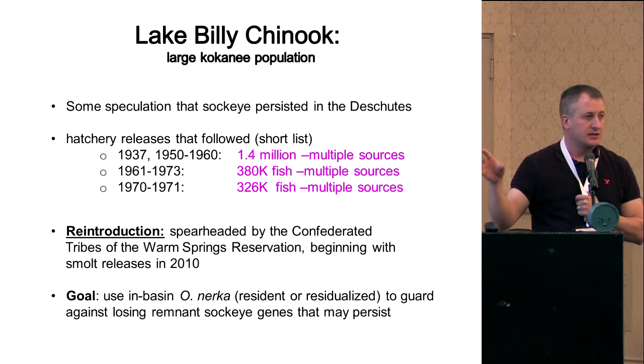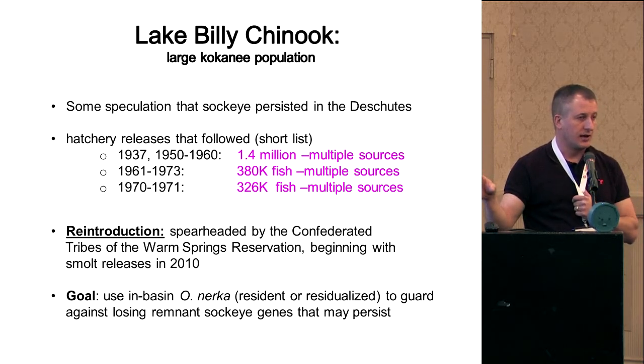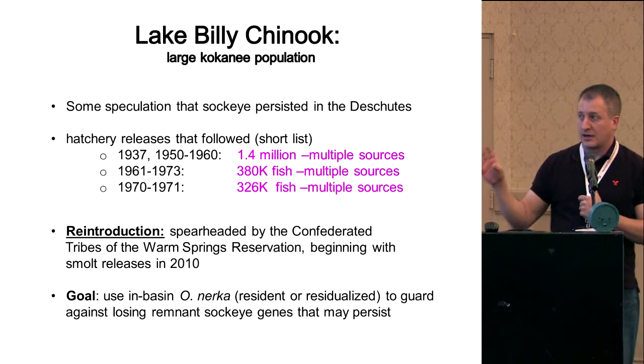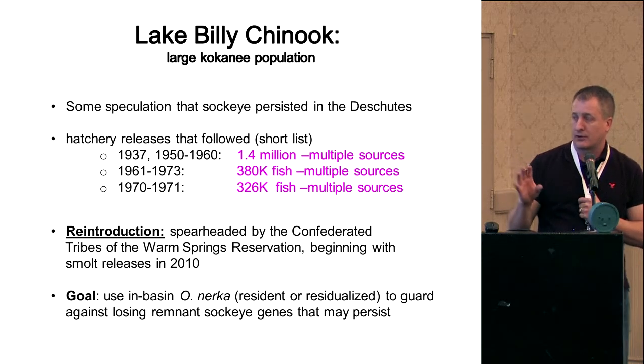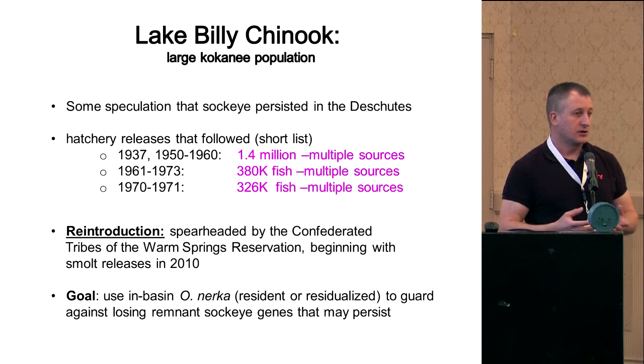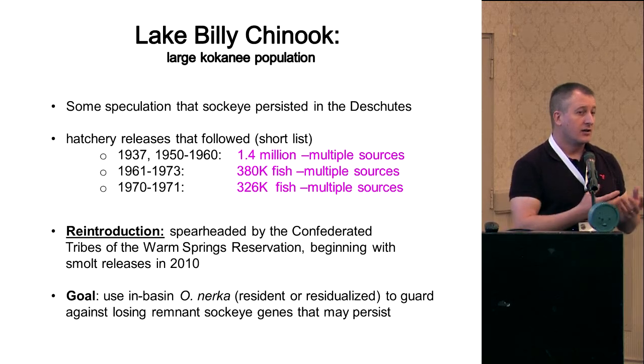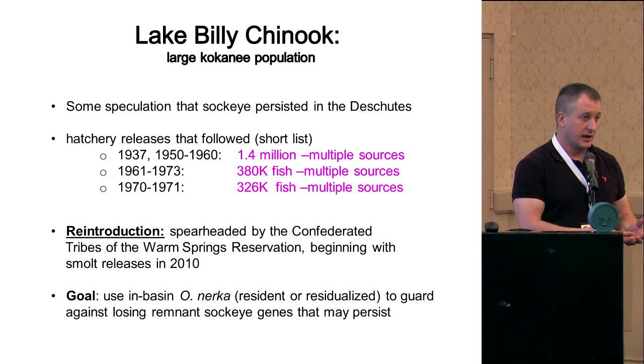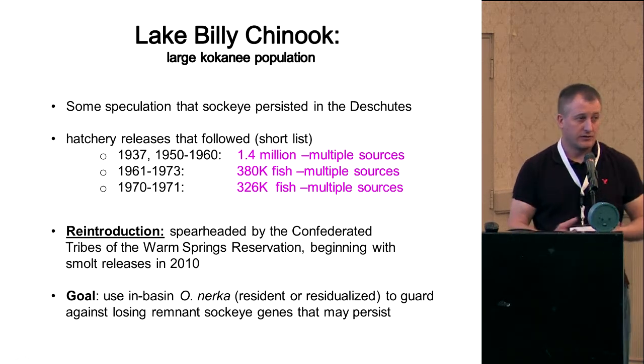But the issues at hand are a little bit different than they were in Clayellum. One of the primary things they were interested in is trying to retain any potential local sockeye gene pool that might still exist there. And so they were really hoping to kickstart a reintroduction using the kokanee stock that was in the lake, whatever its origin may be.